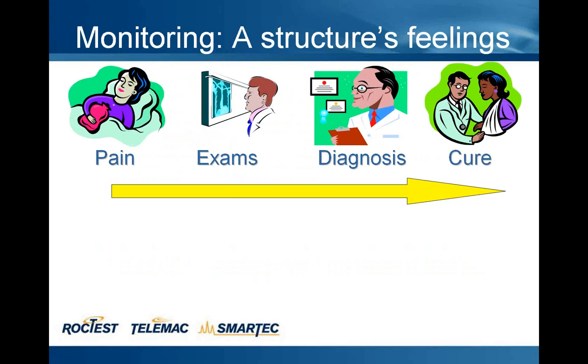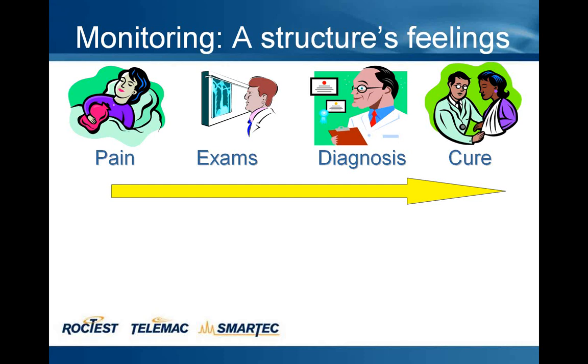Let's start with an introduction about structural health monitoring, and I like to do that by drawing a parallel with the health monitoring of our own body. We have a very good and functional monitoring system for our own body, and through the appearance of pain or discomfort, it tells us that something is wrong with our body.